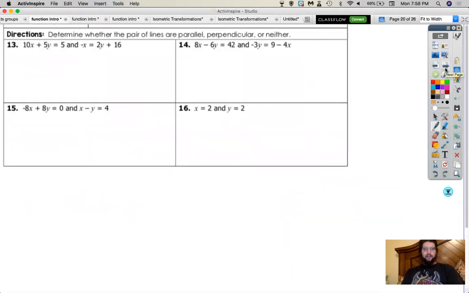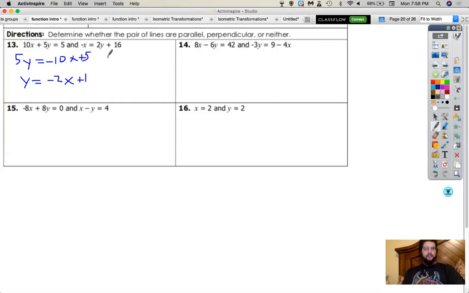So let's look at a couple of these. If we notice, these are in standard form or some random form. You can always solve for y to get your slope. So if I solve this for y, sorry guys, it's coffee. 5y equals negative 10x, and we really don't care what this is, plus 5. Divide, y equals negative 2x plus 1. Again, we don't care about that.